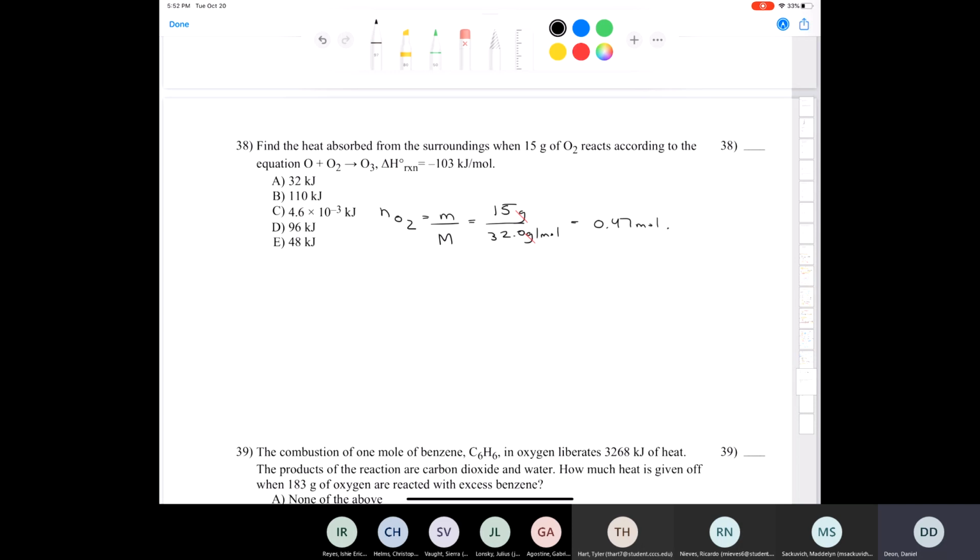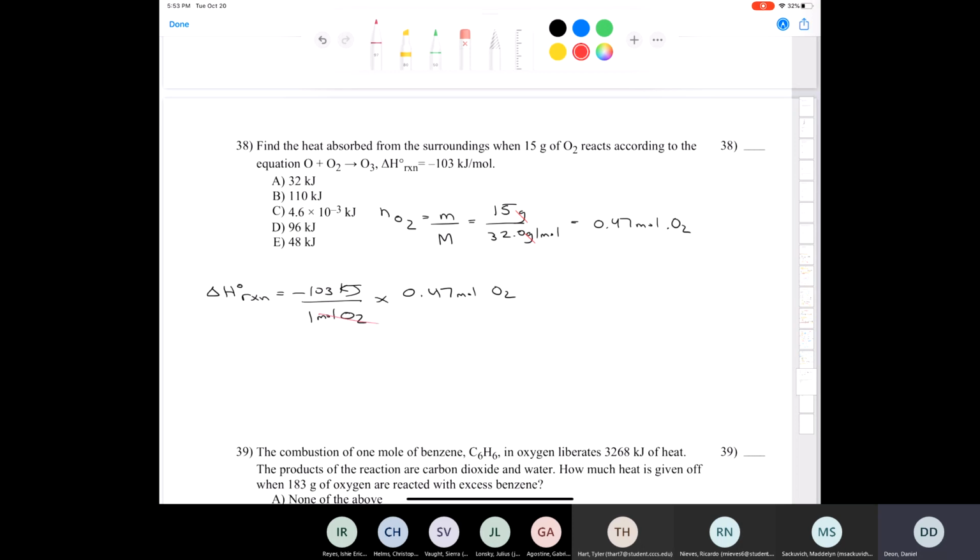And so my delta H naught of reaction is equal to negative 103 kilojoules per 1 mole of O2, and I'm reacting 15 grams, so that's 0.47 moles of O2, because that's what we calculated.